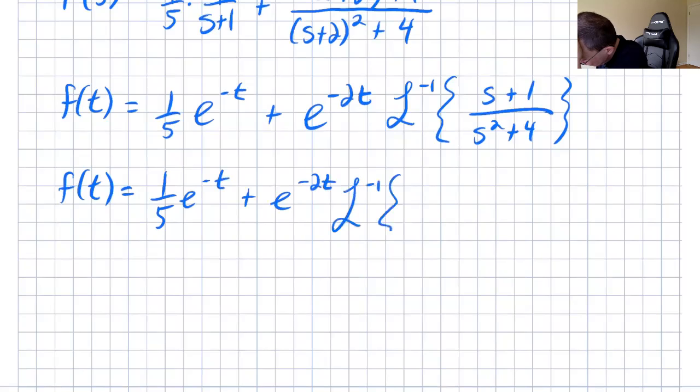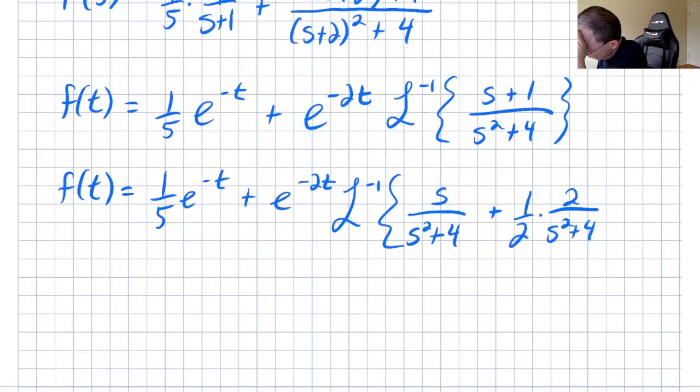Okay, so just one more step to break this into 2 parts. So that's the cosine 2t. And then we need to have 2 over s squared plus 4. And that means we need to multiply by 1/2 there.